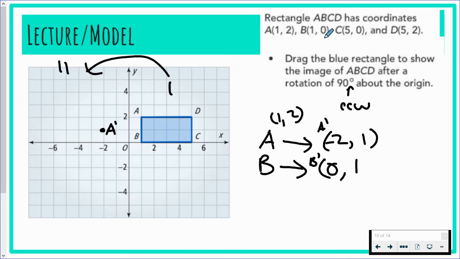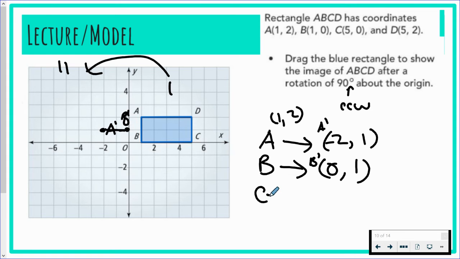I rotated my numbers. And then that's going to be right here. So this is B prime. So AB is 2 units. All right, so that's A prime and B prime.